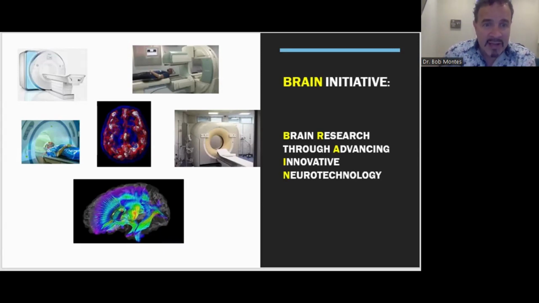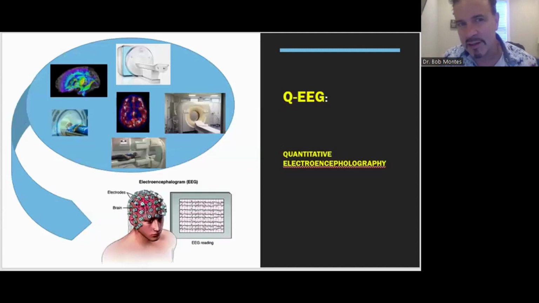So NewBrain actually contains the information in databases that were gathered in this massive analysis of the brain. The BRAIN Initiative was led by the National Institute of Health, and it gathered all of this information and matched MRIs and SPECT scans and PET scans and DTIs and EEG to gain the best advantage of what was going on in the brain. Now, here's the beauty of all of this. The equipment that gathered a lot of this, including EEG, was matched, and it was all brought together under qEEG.